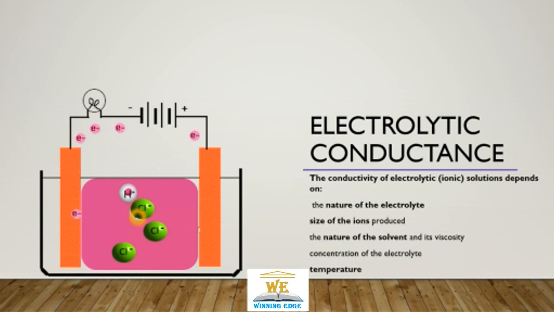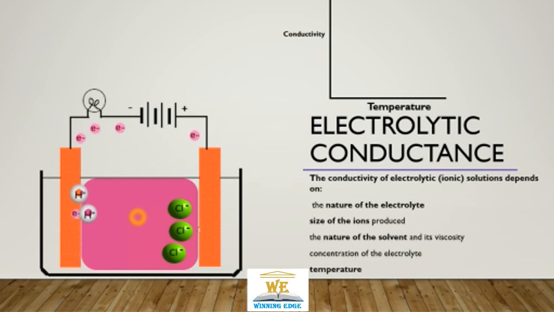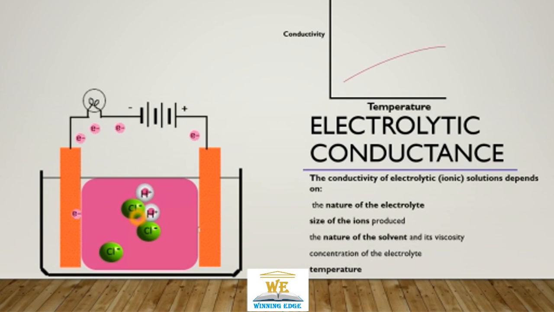And temperature: obviously, temperature has a direct effect on the mobility of ions as well as the viscosity of the solvent. So it also affects the conductance. Let's see a conductance and temperature graph. Usually it increases in a linear fashion, and after a certain temperature it will start plateauing.